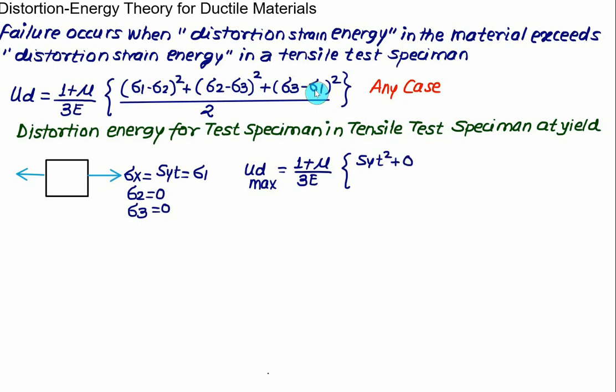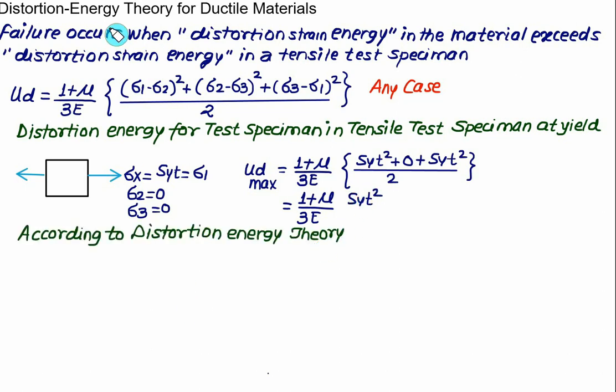And this one is the square of sigma 1, so that will again be SYT whole square, divided by 2. So in the numerator we have SYT square plus SYT square, which is 2 SYT square. 2 and 2 will get cancelled. And the final expression for the maximum distortion energy for the test specimen will be equal to (1 plus mu) divided by 3 times Young's modulus multiplied by SYT whole square.